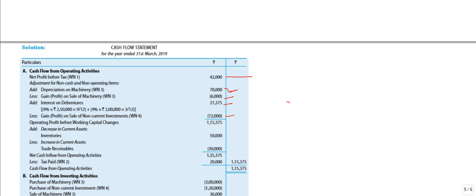We get the operating profit before working capital changes. From there, decrease in current assets 50,000 and increase in current assets 30,000 are adjusted. Then we get the cash from operating activities. Then we make payment of tax. We calculated the provision for tax account, and that balance is 20,000. That amount we deduct. Here we get cash flow from operating activities.